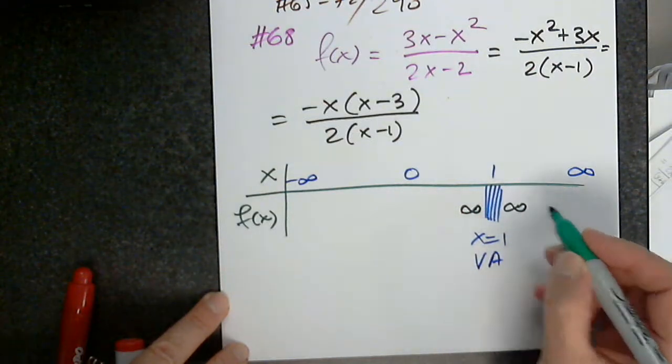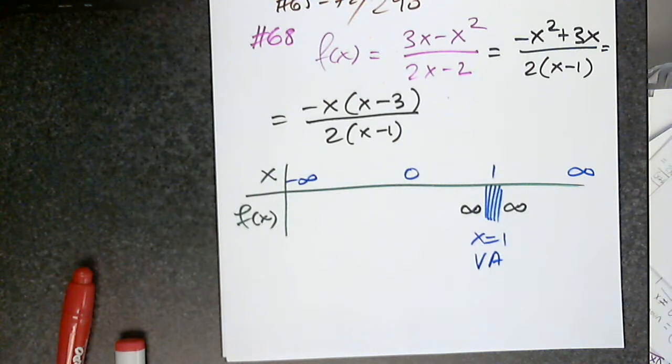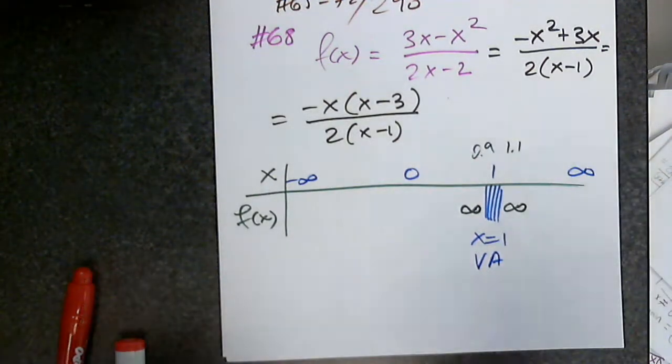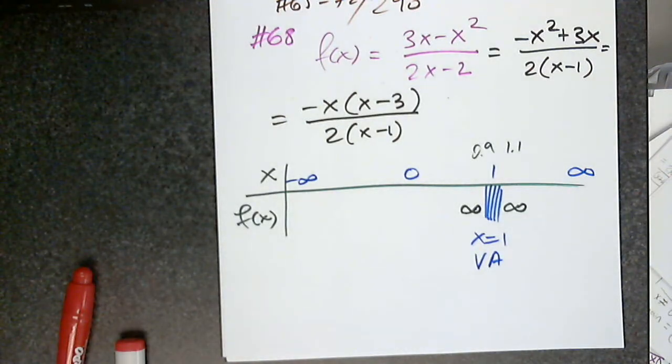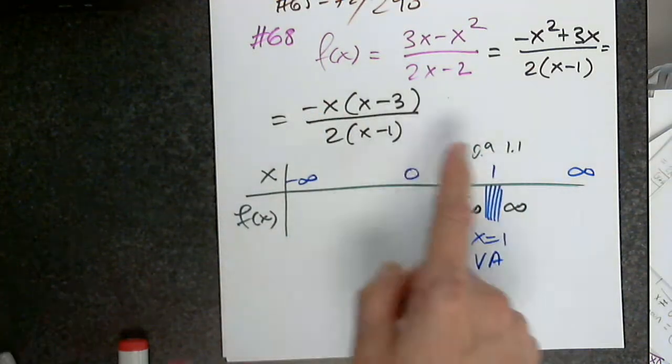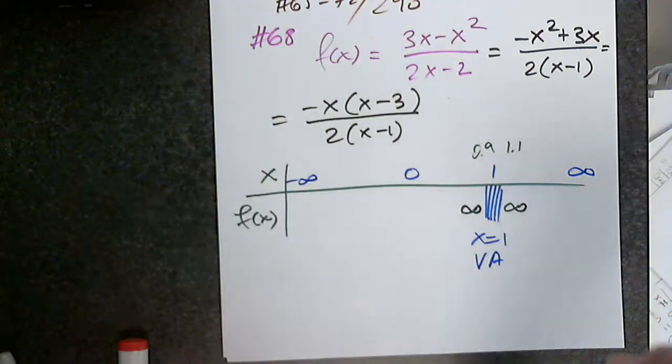It's a must. The only thing I don't have is what? The sign. So I will imagine a 0.9 and 1.1, and I will plug it in to get the sign. 0.9, I'm sorry, negative 0.9, that would be negative.